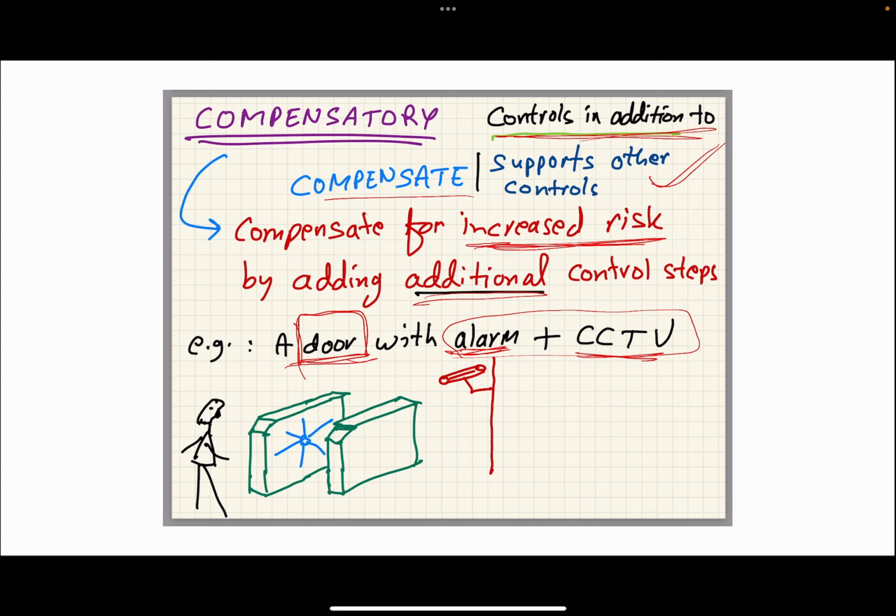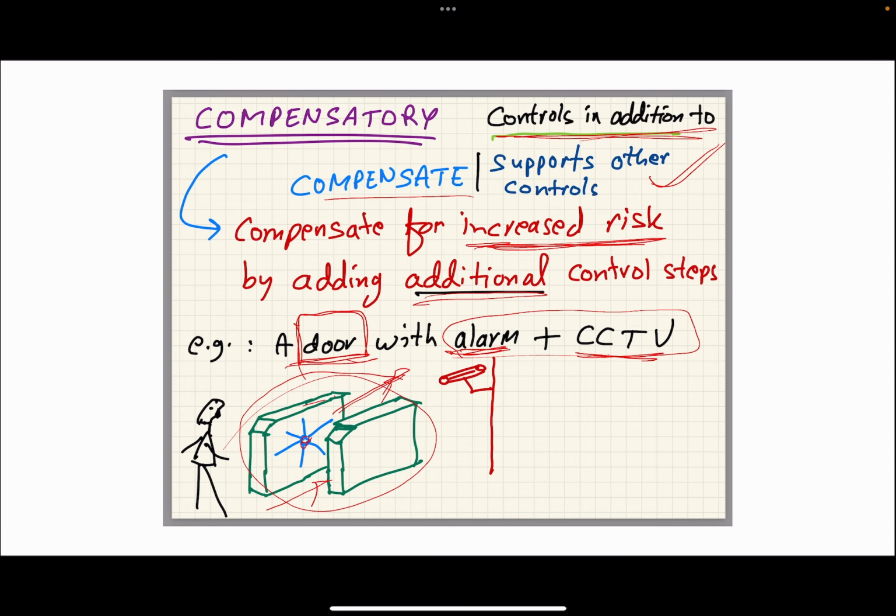For example, there are these gates which you use to enter your company, right? And there are these turnstiles which rotate when you pass through. Now, if somebody steals some employee's smart card and he taps and goes in, he will have access to the building. But if you want to prevent that, we think that this gate itself might not be sufficient, because somebody can steal the card and pass through it, and we will never know.